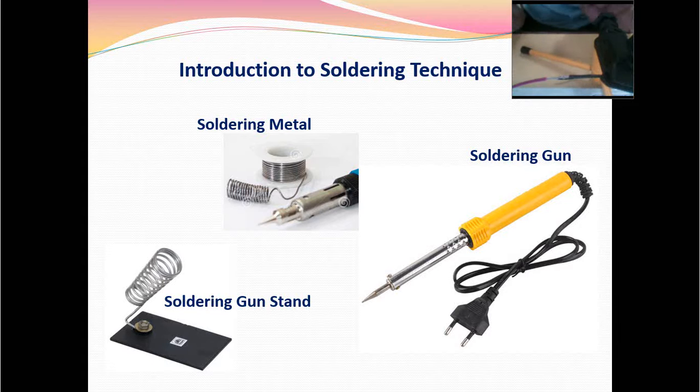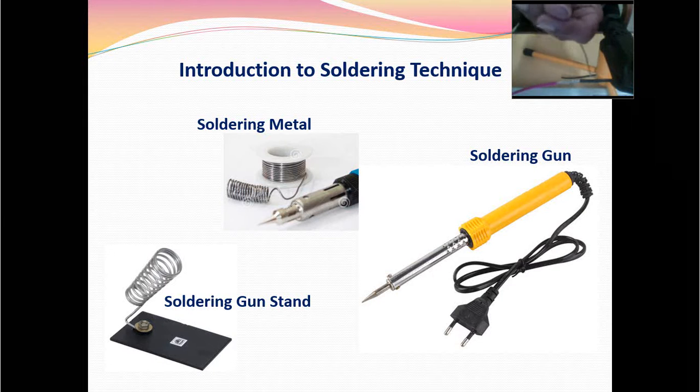Now if I do not solder that point, they can be easily removed. So now I'll solder these two points. See here, now I have a metallic wire in my hand. Can you see? Now I am soldering this point.